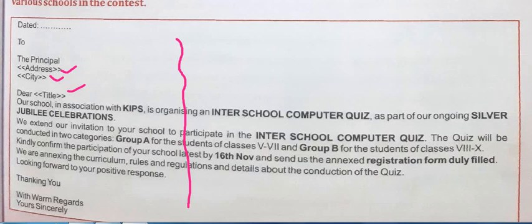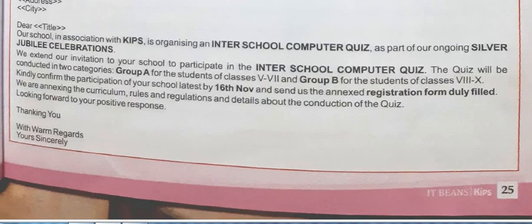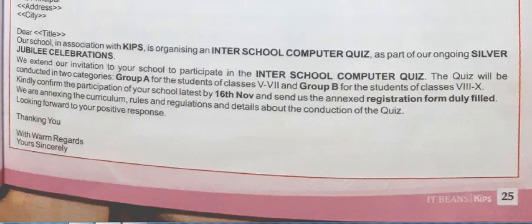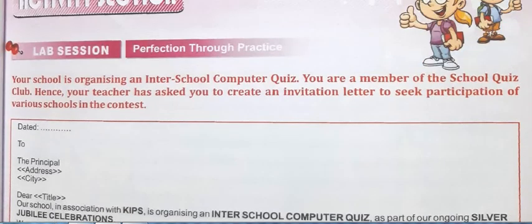Getting it? So practice this if you have a system. It is a very interesting feature of MS Word. So if possible, if you have a system, please do the activity of this, right? Activity on it, so that you will be comfortable using it.